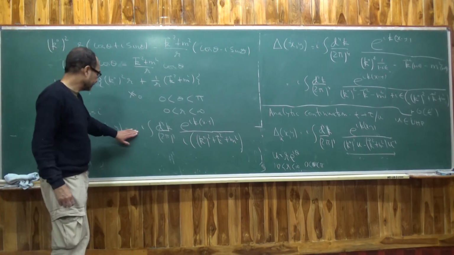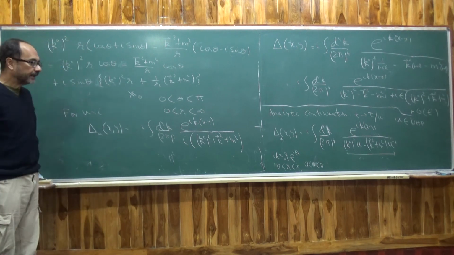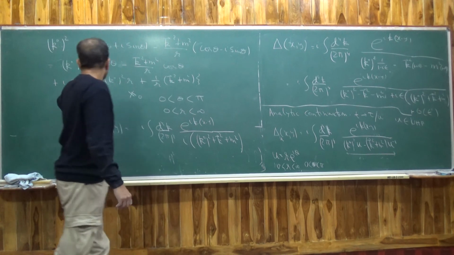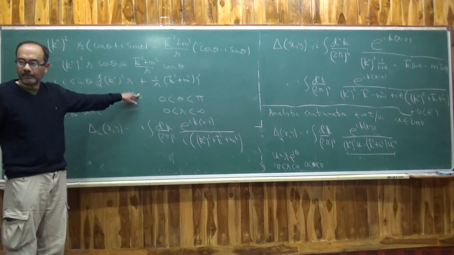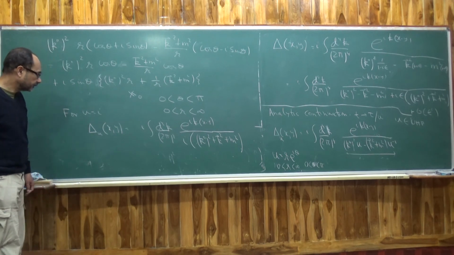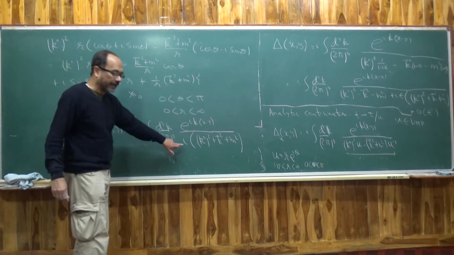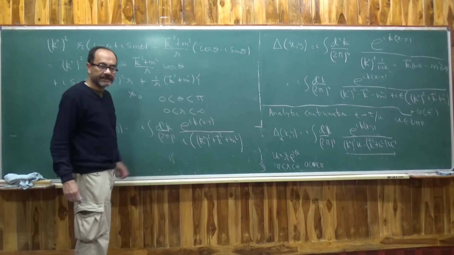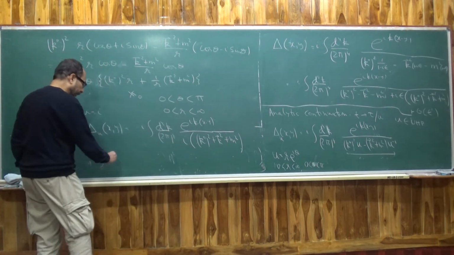There's no minus sign, because there's a factor of i over here, and I just pick the denominator for theta equal to pi by 2. Effectively there's no i in the denominator. There's one i in the numerator and then that cancels against the i in the denominator. So this is what you normally call the Euclidean propagator.